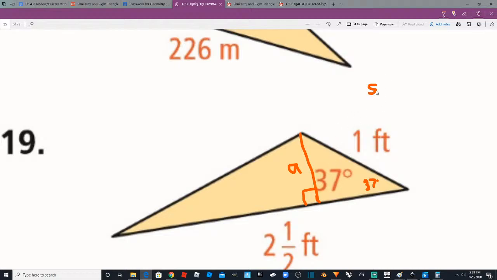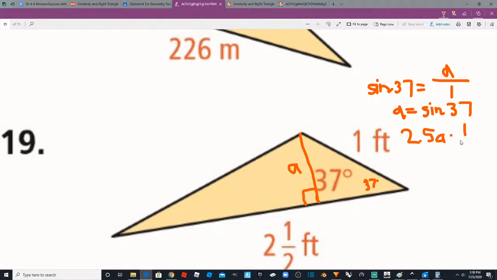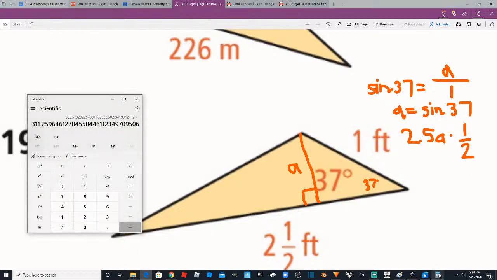So the sine of 37, we're using sine because we know the opposite and hypotenuse. Sine of 37 is equal to the opposite divided by the hypotenuse, which is 1, which means A is equal to sine of 37. And we're going to multiply 2.5 times A times 1/2. I included the 1/2 this time.